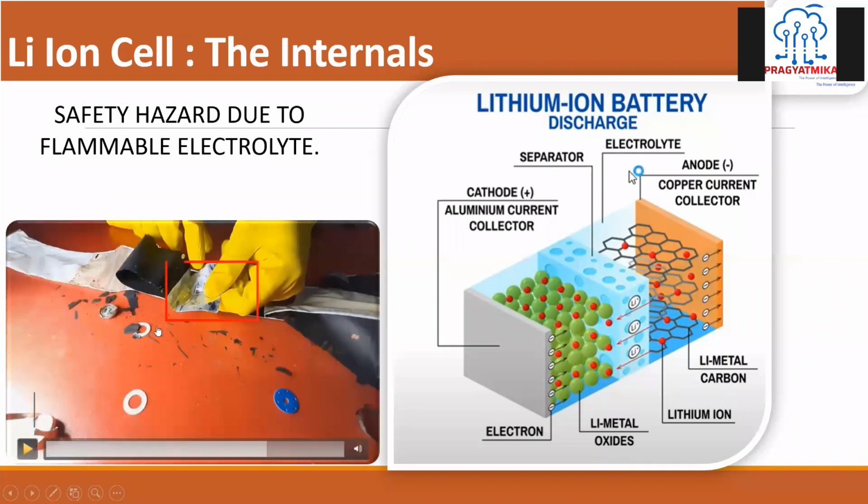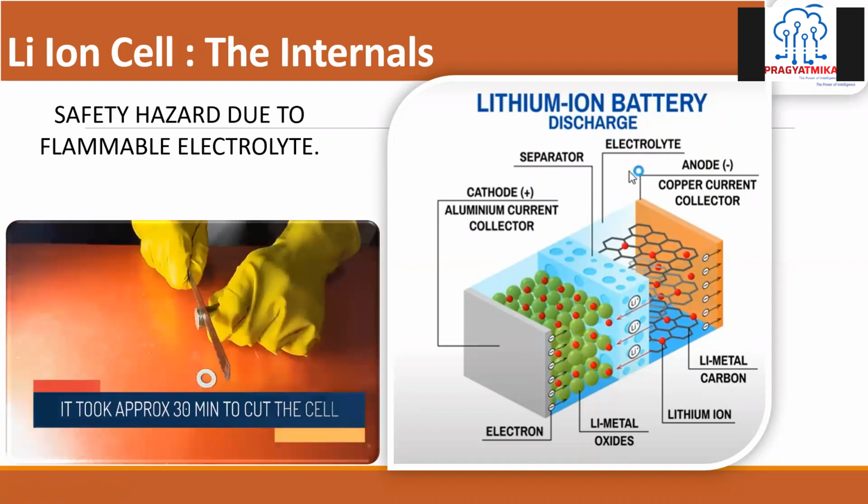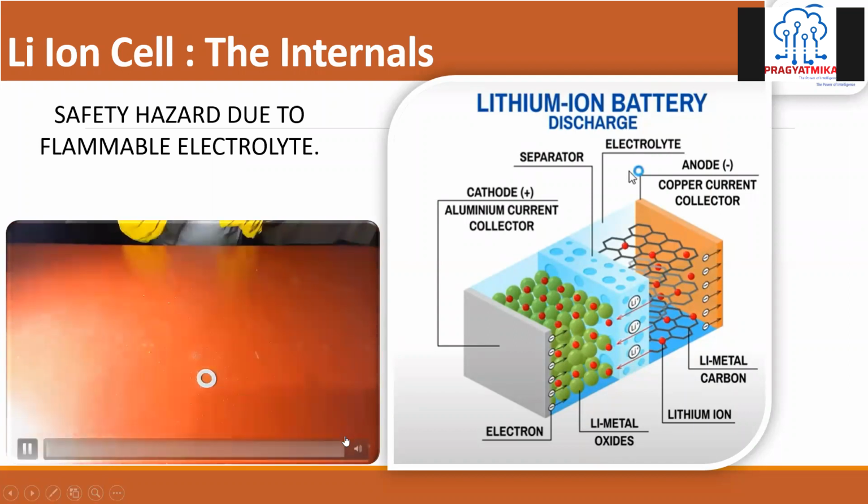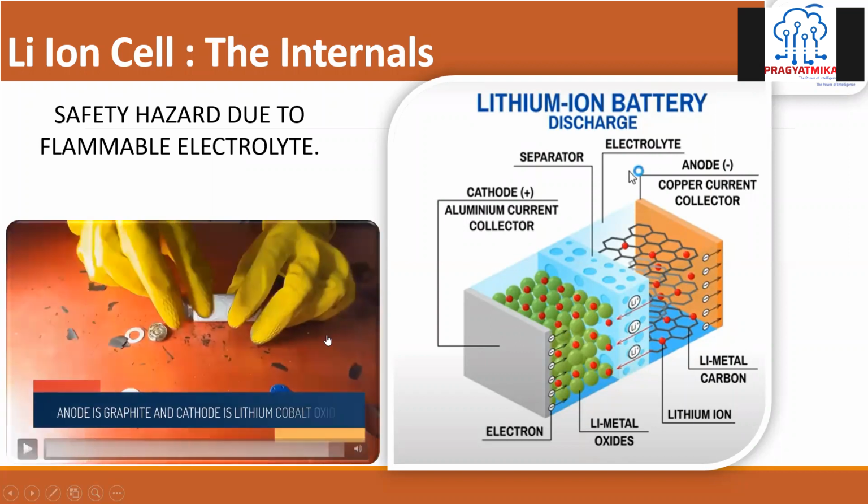This is what happened with the Bolt EV: on the corners, the separator was torn down. That made a short circuit between the electrodes, the cathode and anode, and that's where the batteries exploded. Okay, so this is how the cell is from the inside.